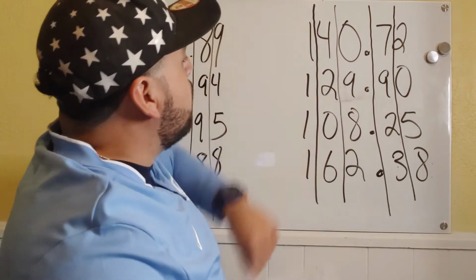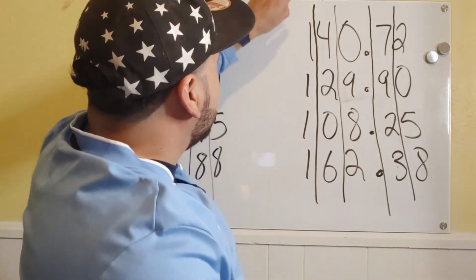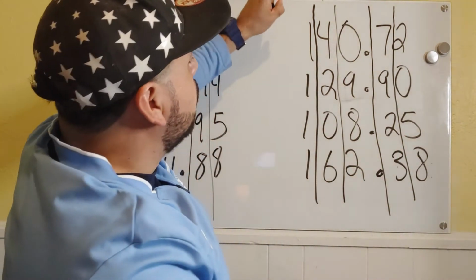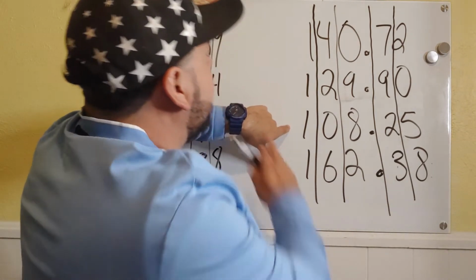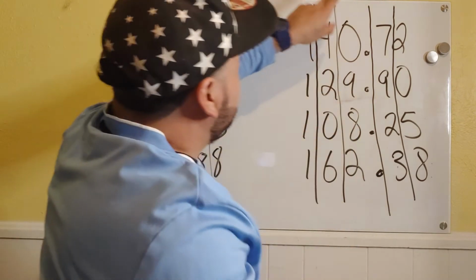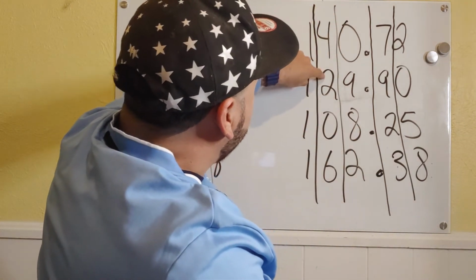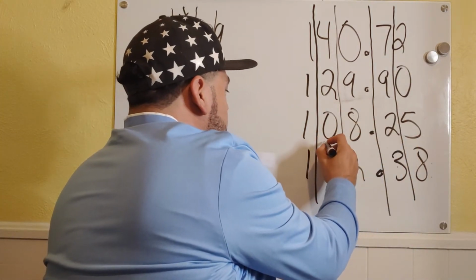So if I'm going from greatest to least, I start at the largest place value. So ones, ones, one, one. So they're all equal, right? Then I go to the next place value, the tens. So I look for the largest number, 4, 2, 0, 6. So this one is the largest.